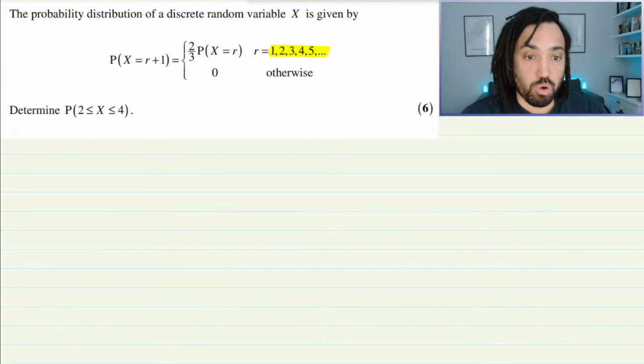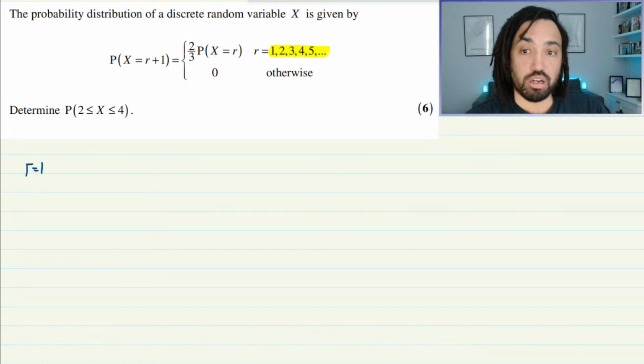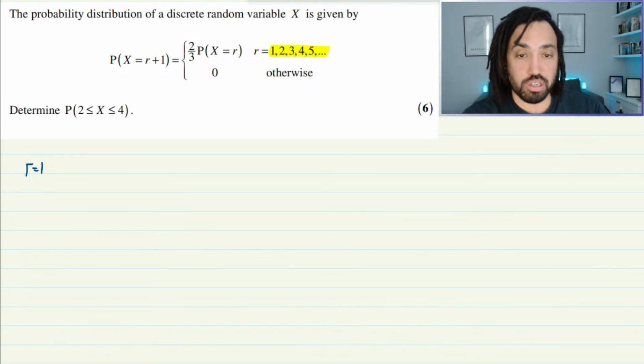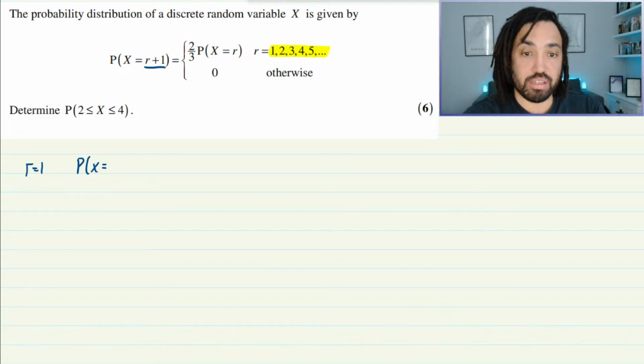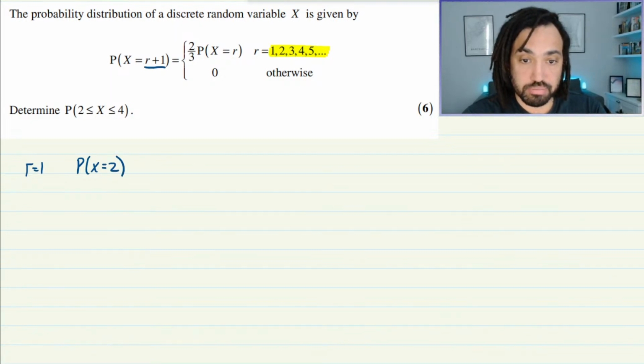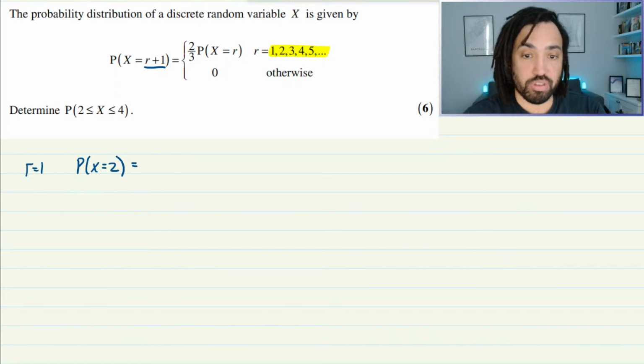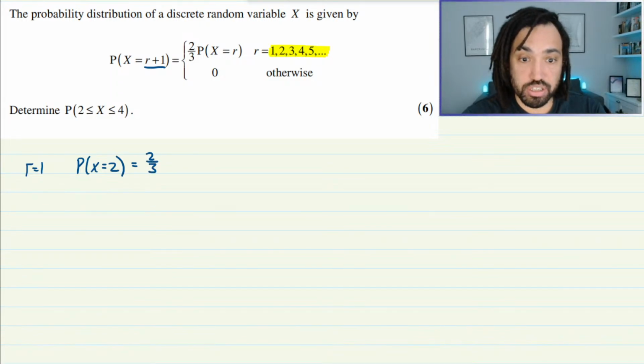Okay, so what we always do with something like this, we just start. R equals 1. What's going on? R equals 1 tells us the probability that X is equal to 2 is equal to 2/3 of the probability that X is equal to R, which is 1.